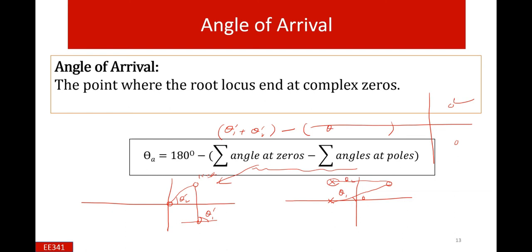So here we will put theta 1 plus theta 2. So this is the sum of the angles at poles due to the considered complex zero. So this is the way to find the angle of arrival and angle of departure. We will try to cover it in an example.